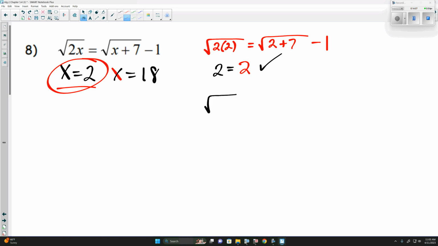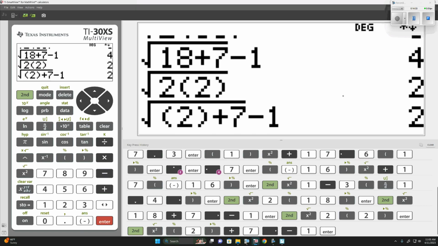Now we can do the same thing with 18. Plug it in and check and see what we get.